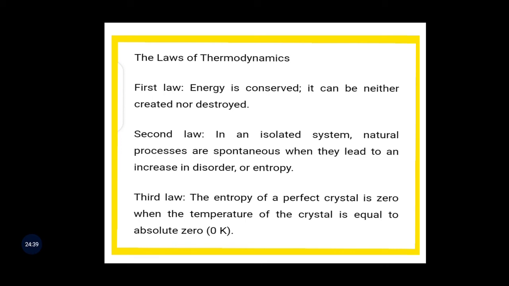So the second law here is about an isolated system. We say in an isolated system, natural processes are spontaneous when they lead to an increase in disorder or entropy. We are still going to look at entropy, so you'll be able to understand this better. Now, the third law: the entropy of a perfect crystal is 0 when the temperature of the crystal is equal to absolute 0.